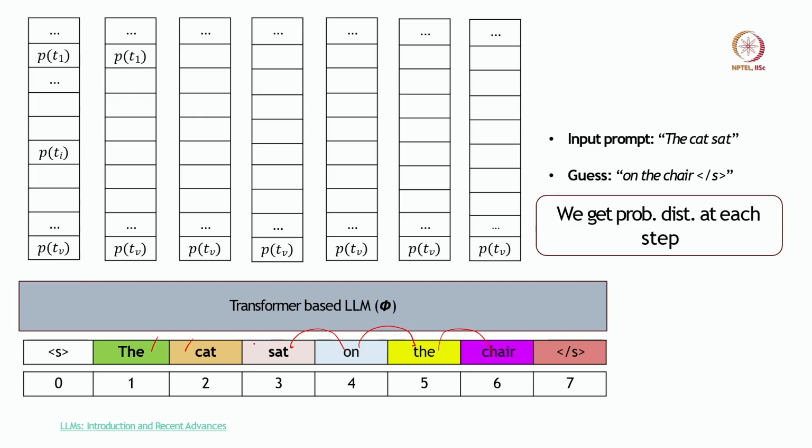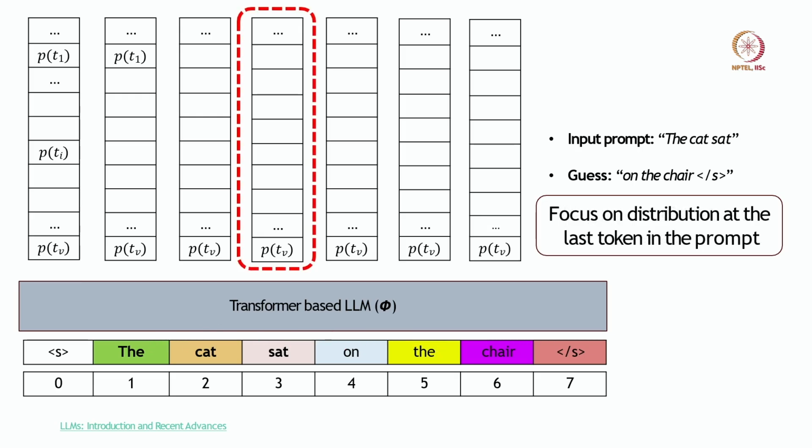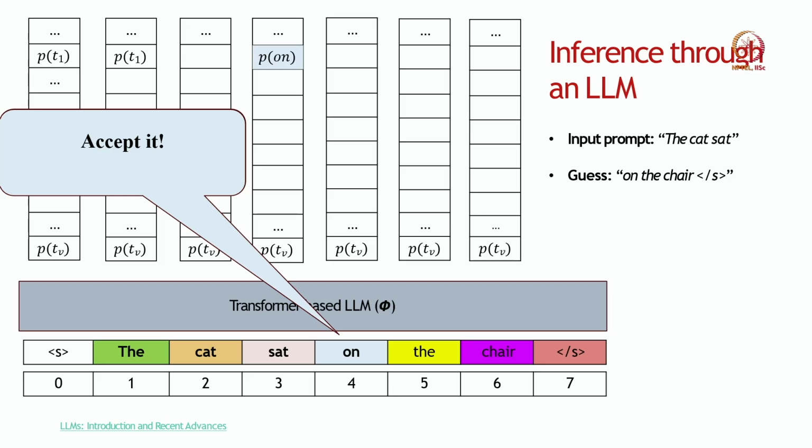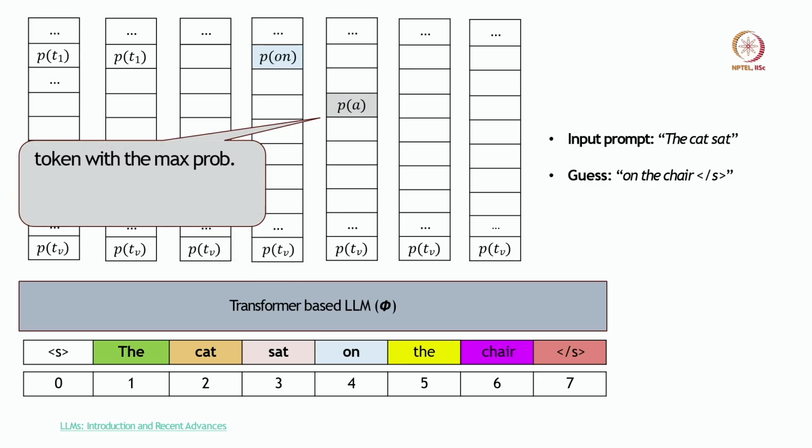Remember, the prefill or the prompt has "the cat sat", right. Now, from "sat" we can see whichever token has the highest probability. We saw that the highest probability is with the token "on", and we also guessed the next token as "on". So we will keep the guess, right. Similarly, from "on", we see what the next token is with the LLM, that is the token with the maximum probability.